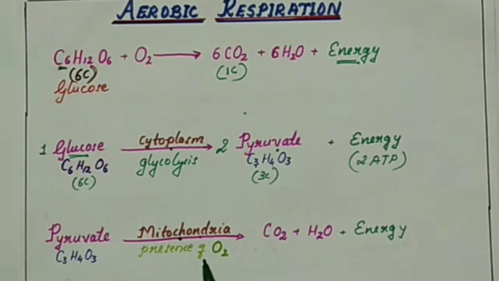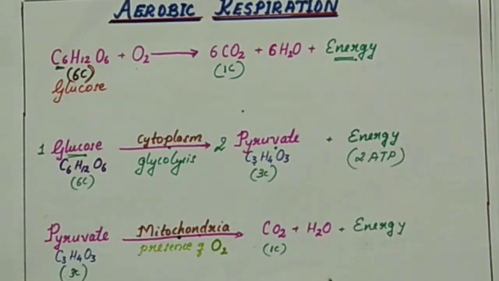It includes many chemical reactions and results in the complete breakdown of pyruvate, a 3-carbon compound, into carbon dioxide, which is a 1-carbon compound. Water and energy are also released.